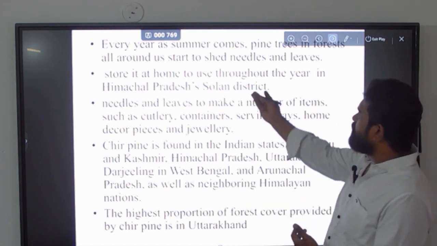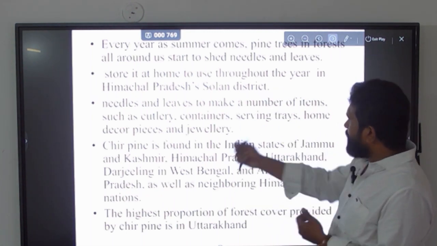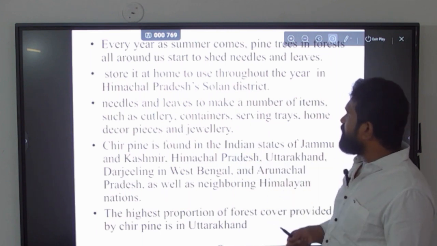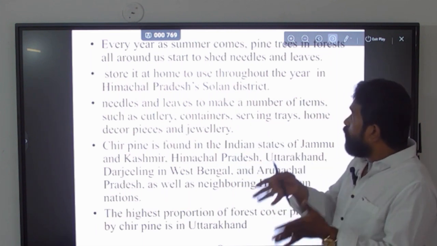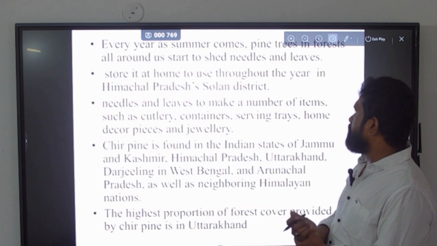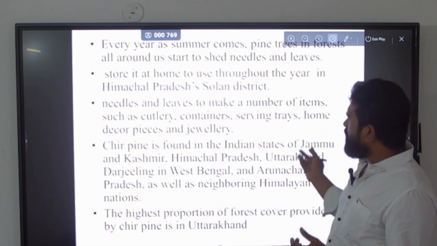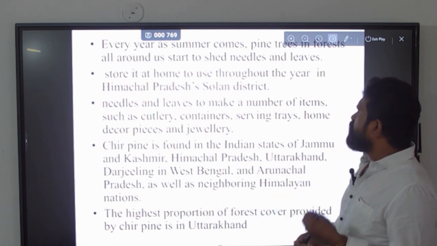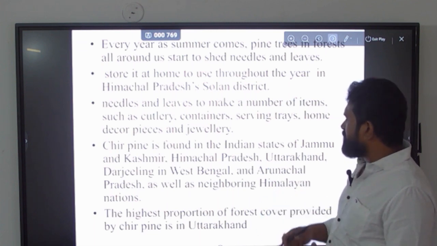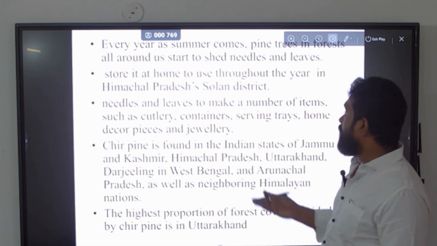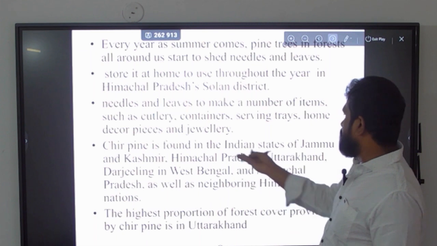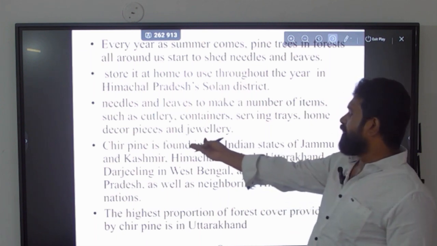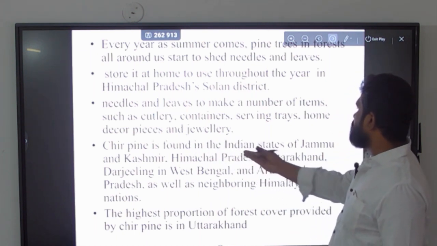So the people in the Solan district collect the pine needles and store them throughout the year in Himachal Pradesh, and they make a lot of containers, jewelry, trays, etc. And chir pine, you see which states we find it in?